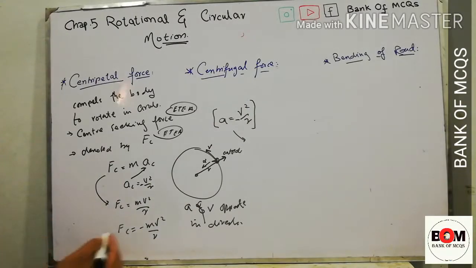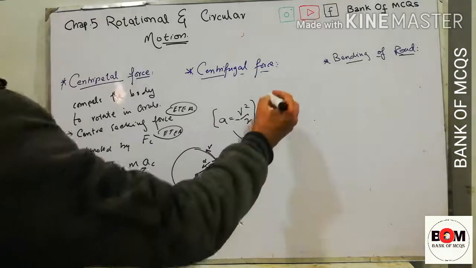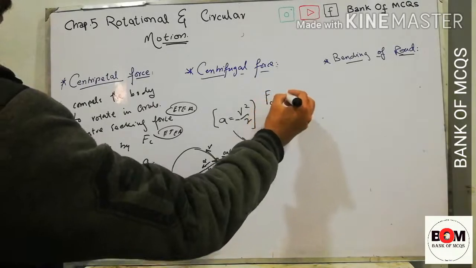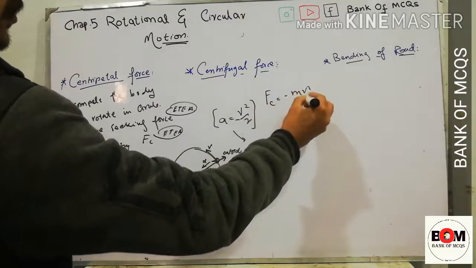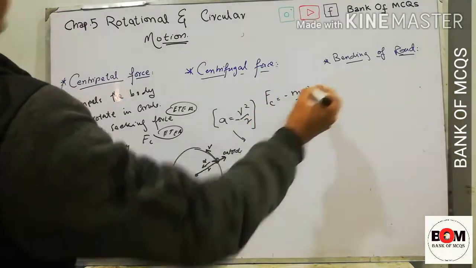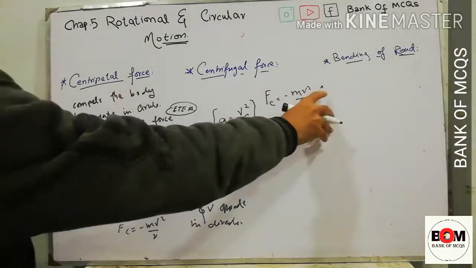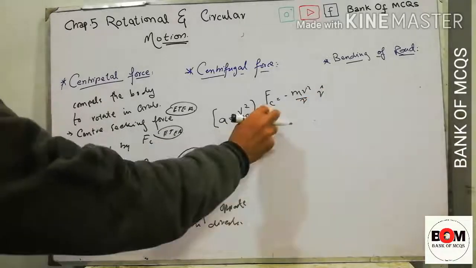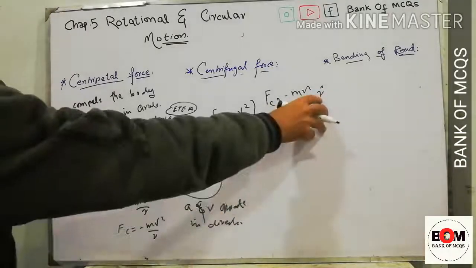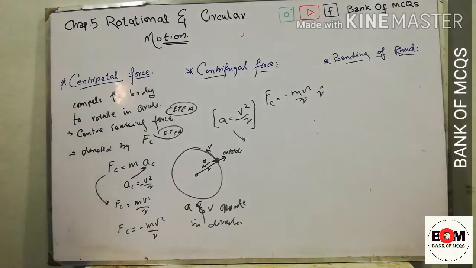The next equation, the other form, we can also write as Fc is equal to minus mv square divided by r, as the acceleration of centripetal force is in the direction of r. This is the vector form of Fc.